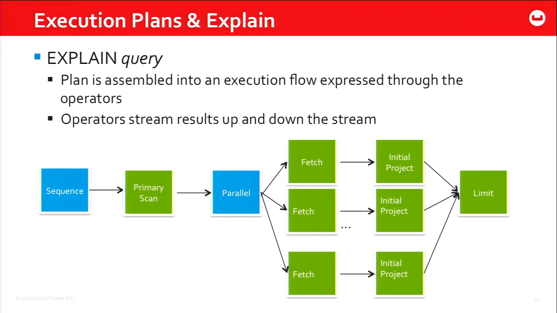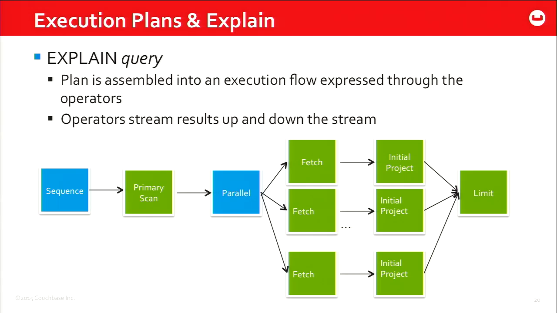The execution flow, even though it looks like there's a box and an arrow stabbing the next box, is actually a very streaming-oriented operation. There's no stop and go here. You essentially have an operator like primary scan starting to scan and produce immediate results, passing it on to the next set of operators.